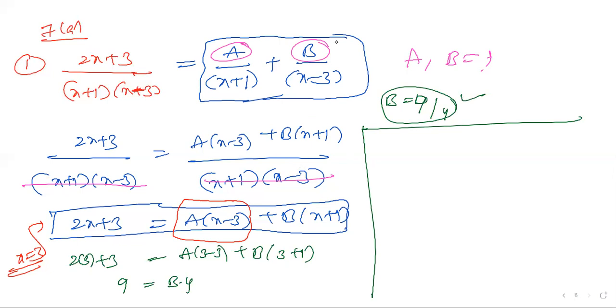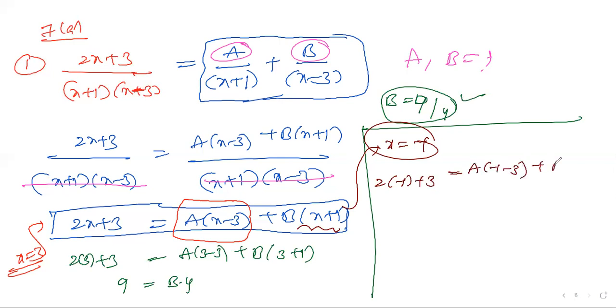Clear? Yes, sir. Now I'll take x is equal to minus 1 and substitute, because minus 1 plus 1 is 0. Minus 1 on both sides, so what do you get? 2 into minus 1 plus 3, equals A into minus 1 minus 3 plus B into minus 1 plus 1, and B goes to 0. So minus 2 plus 3 is 1, equals A into minus 4. This is 0.